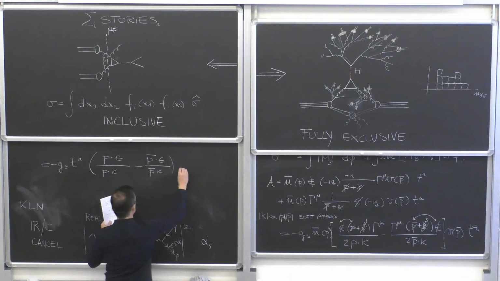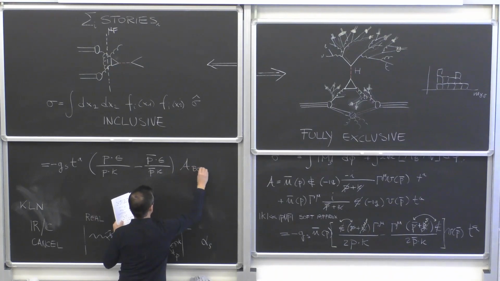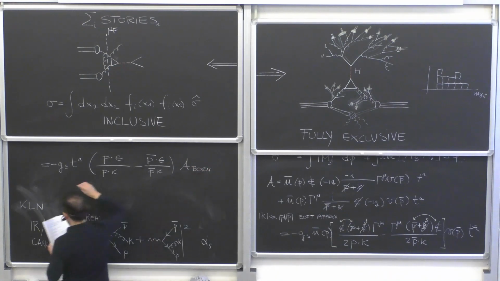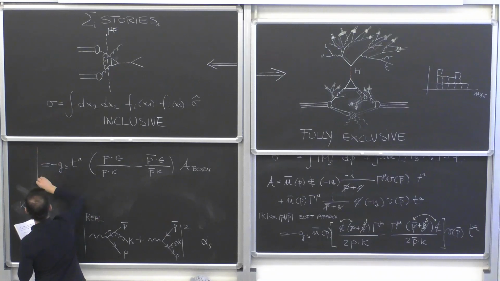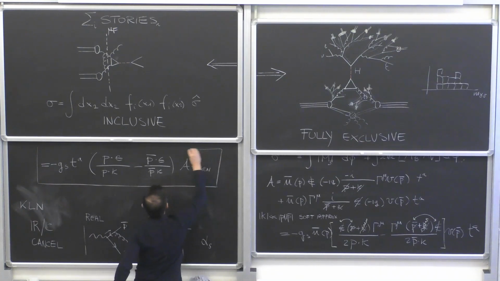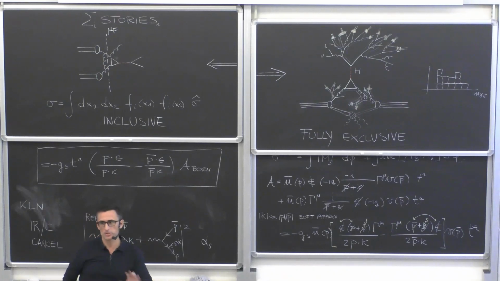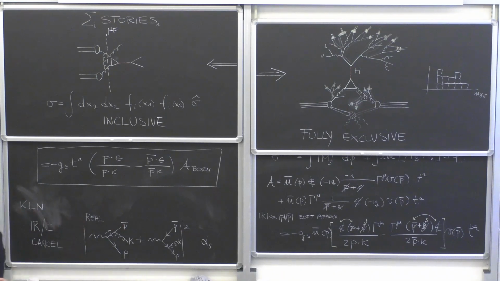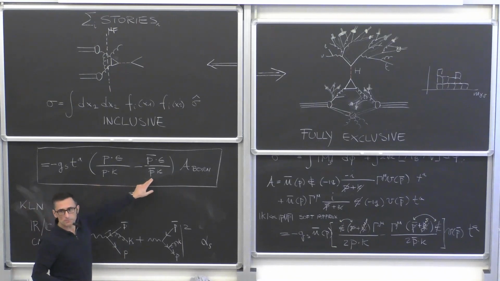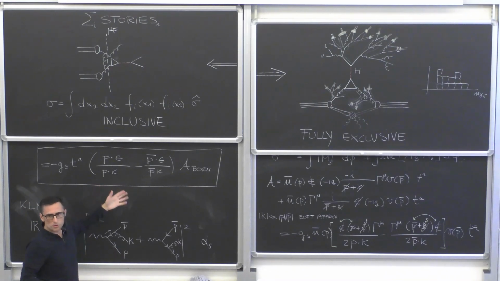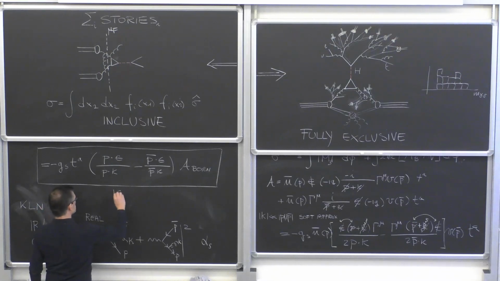And I'm left with this expression, which is really the result that I care about. You see, in one line, we got one of the most important results in soft QCD. This term has a name because it's so important. Things which are important get a name. This is called the eikonal.